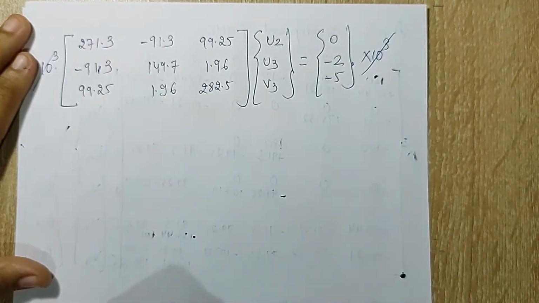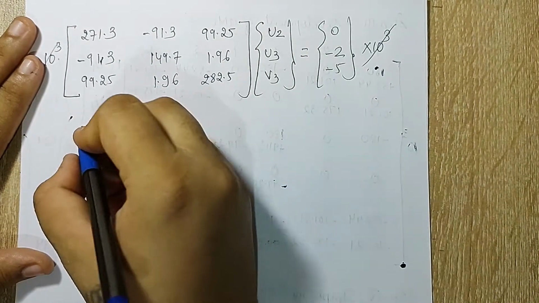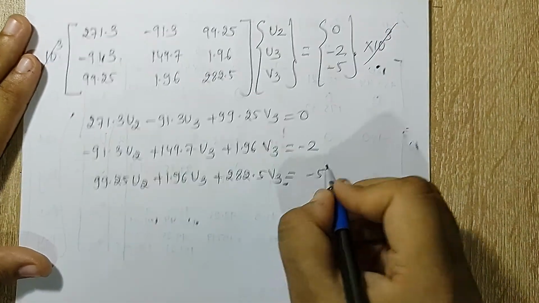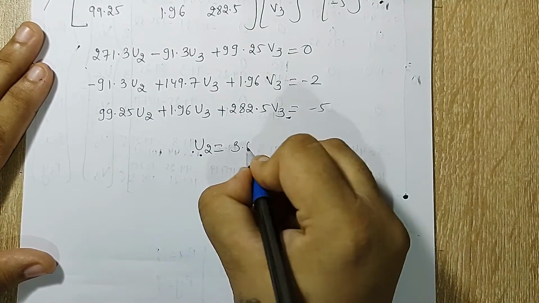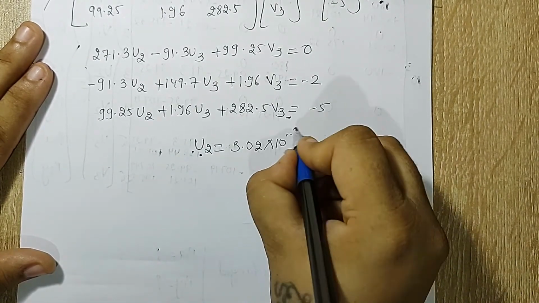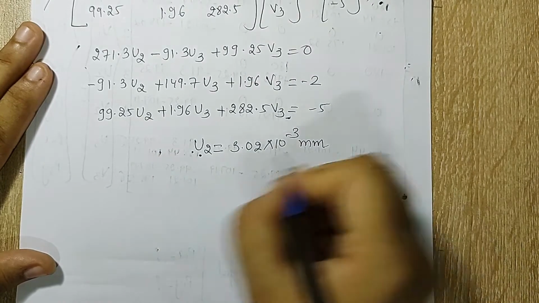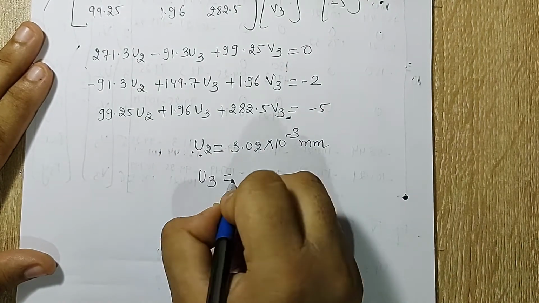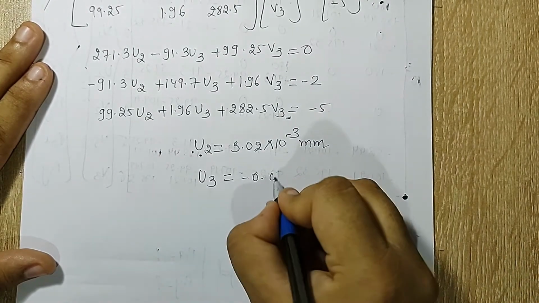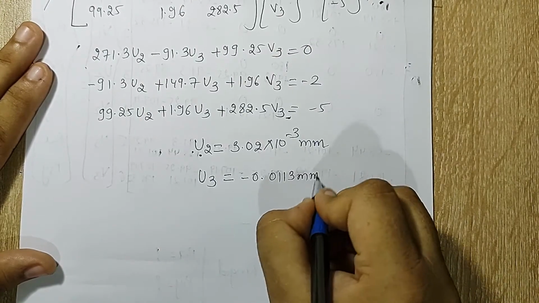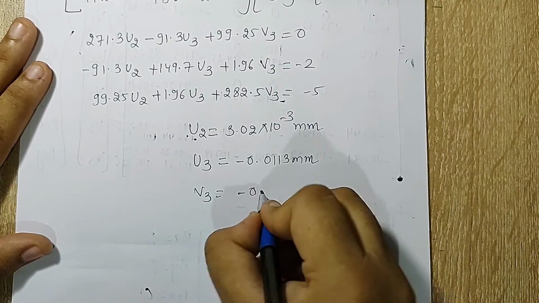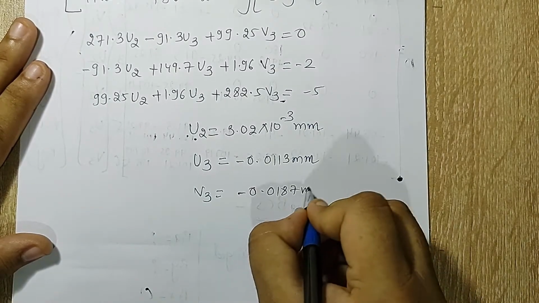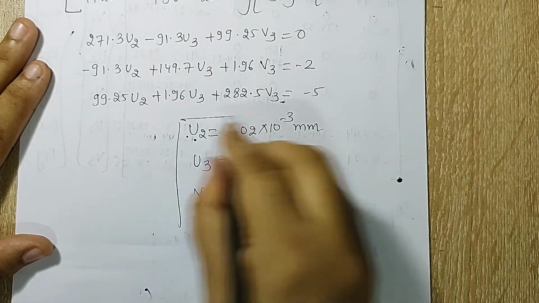This directly gets cancelled. So on writing these equations, I will get, when I solve these three, I get U2 as 3.02 into 10 raised to minus 3 mm. U3 I obtain as minus 0.0113 mm. And I get V3 as minus 0.0187 mm.